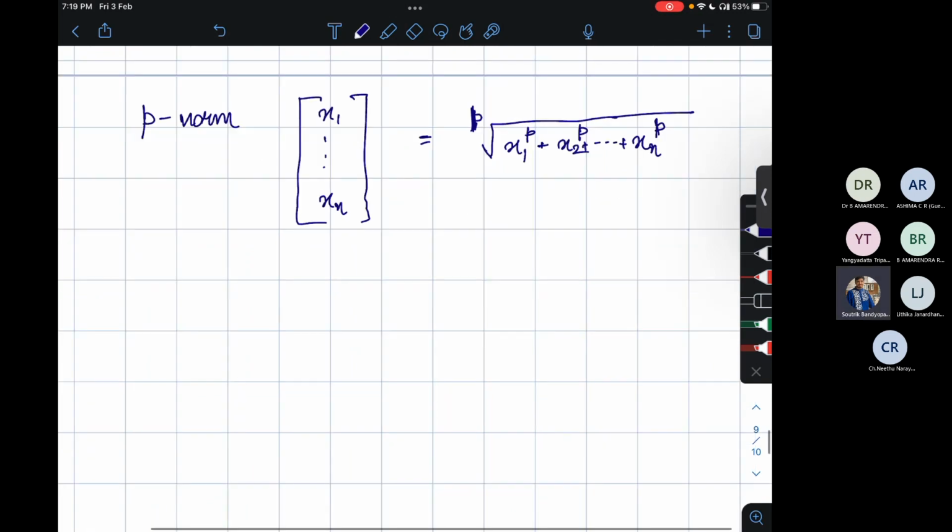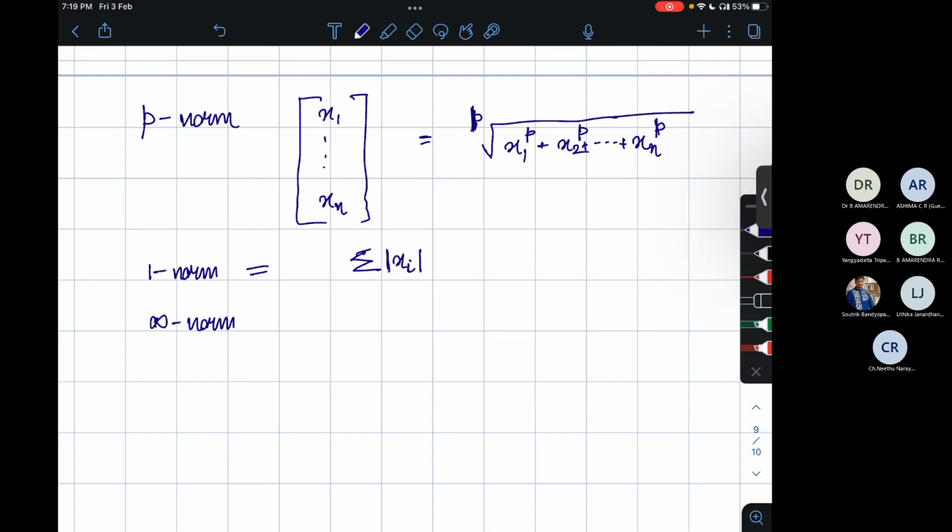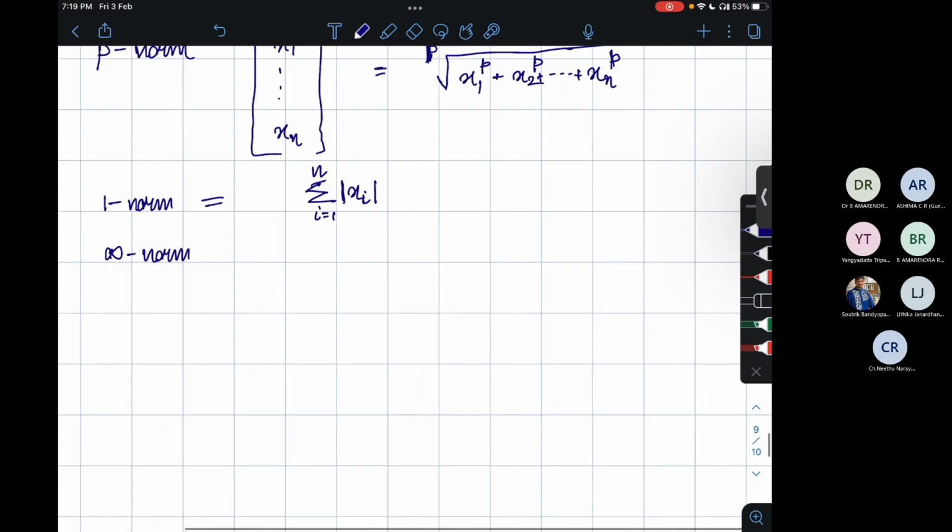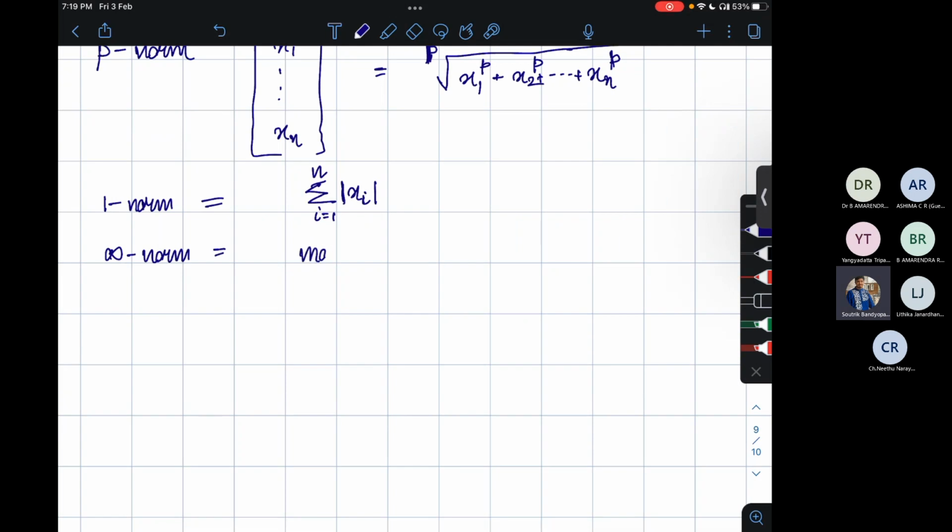There are special cases of norms, which are the one norm and the infinity norm. One norm is the summation of the absolute values of the components, and infinity norm is the maximum of all the absolute values.